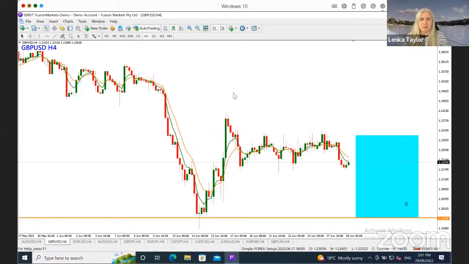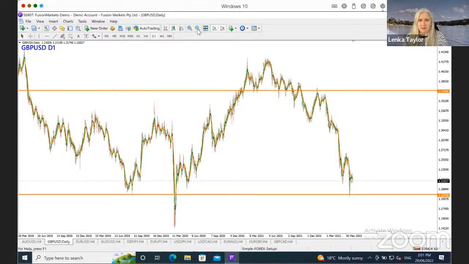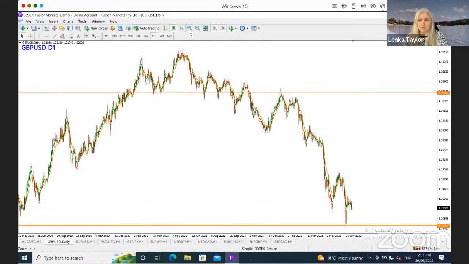All right, the first currency pair I'm looking at today is GBPUSD. Here I am still looking for that long. Not much has been happening, but on the daily, we're currently at that level of support.